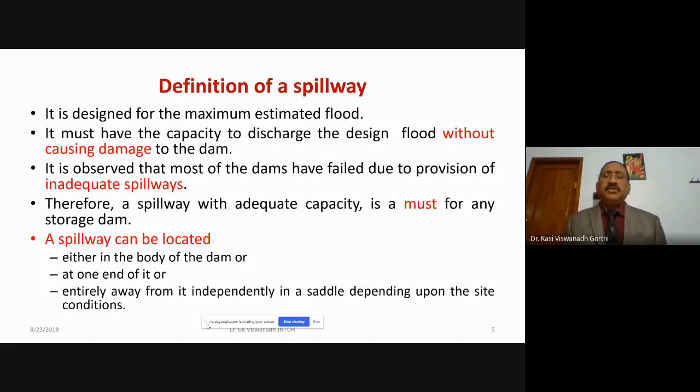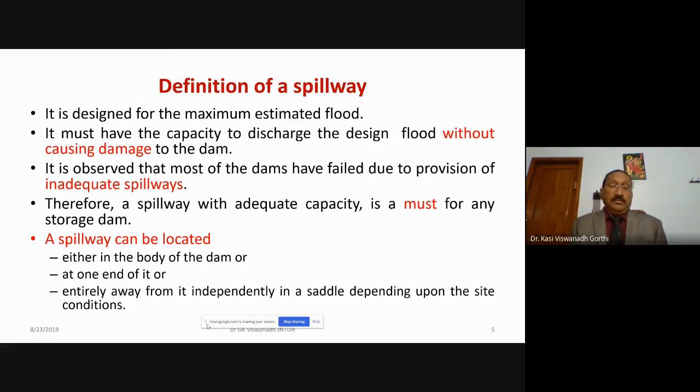We assume that in the coming 50 years also, the same maximum flood may occur. So based on the recurrence, we try to estimate the maximum flood. And there are various other crude, rough estimation methods. Nowadays, we can make use of the GIS technology to find out the exact prediction of the flood that may be entering into the reservoir.